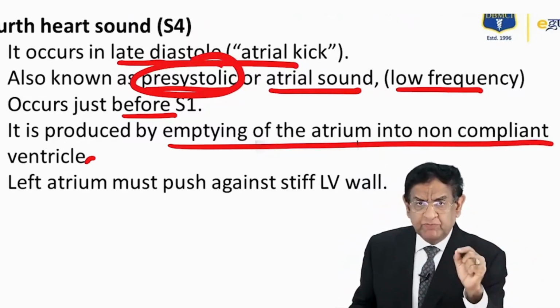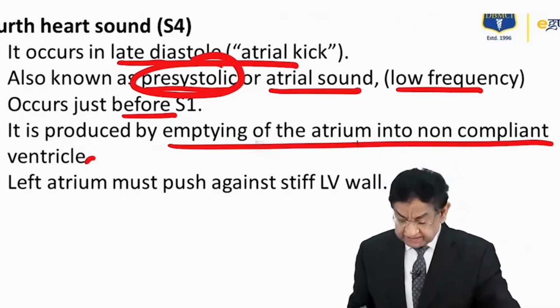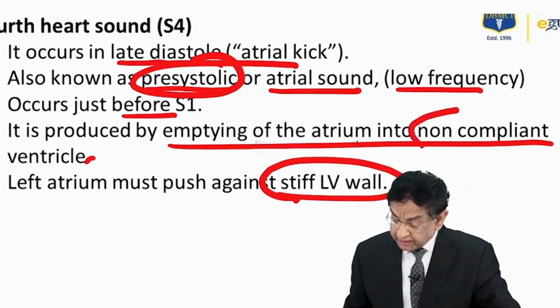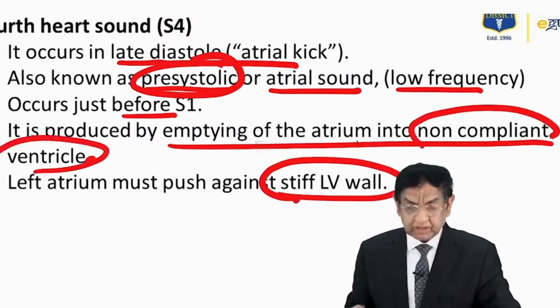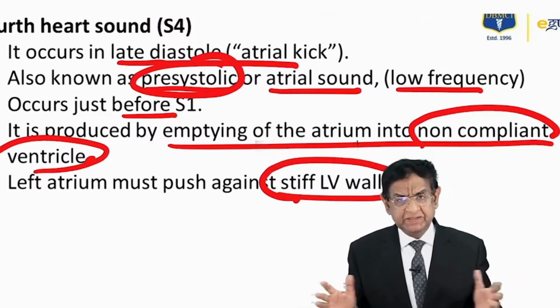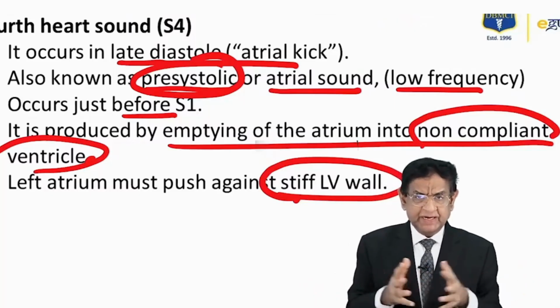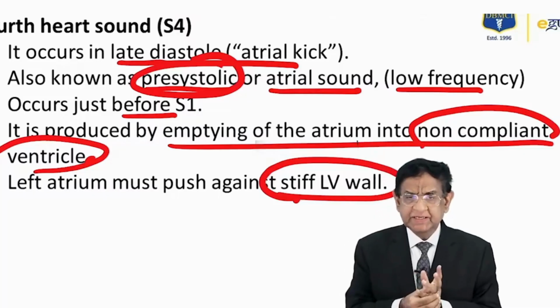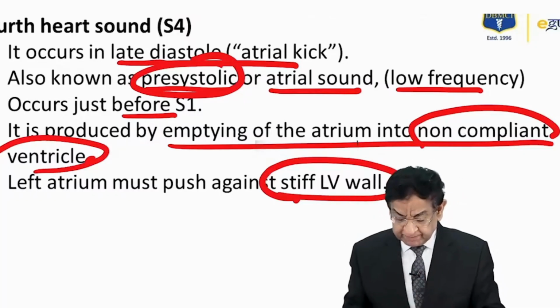But S4 will be produced when the atrium contracts against a stiff LV wall, so-called non-compliant. Non-compliant and stiff are the same. Non-compliant means rigid, like a rigid person. Same thing: the myocardium gets rigid, and only then is S4 produced.